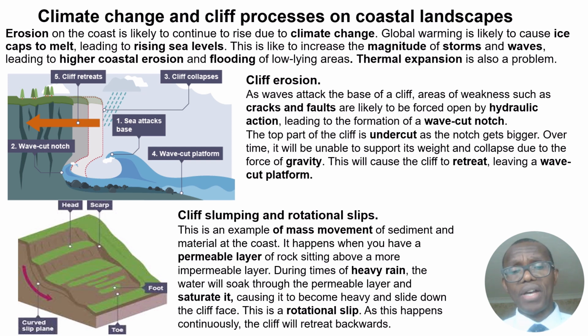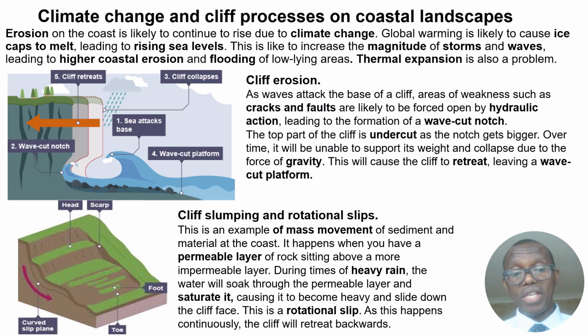So the first type of cliff process that we'll talk about here is cliff erosion. We have a diagram here showing a cliff face, and initially the bottom of the cliff face is going to be attacked by the waves, and those waves have hydraulic power.